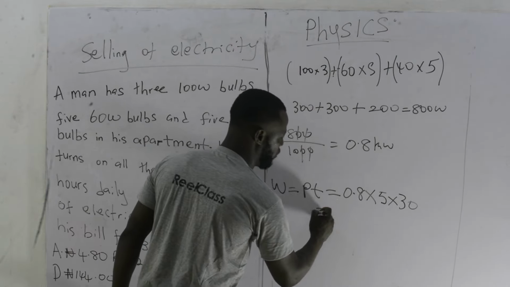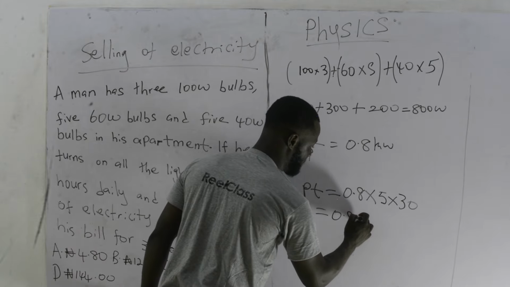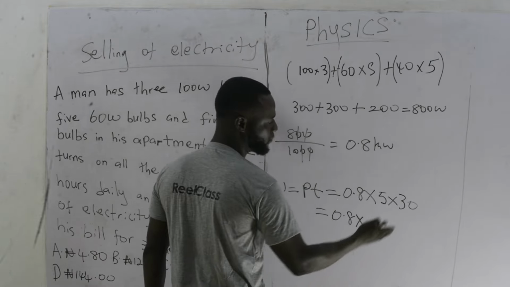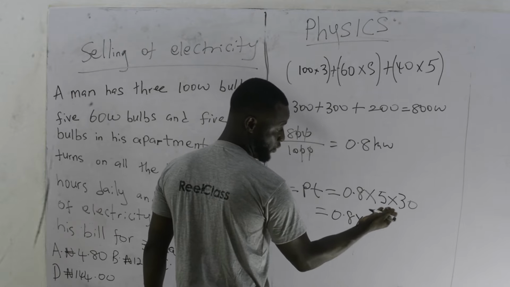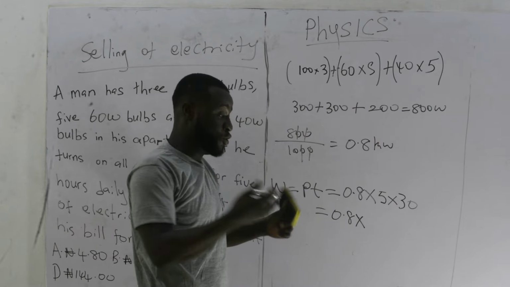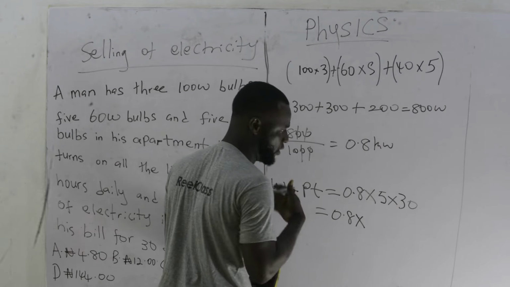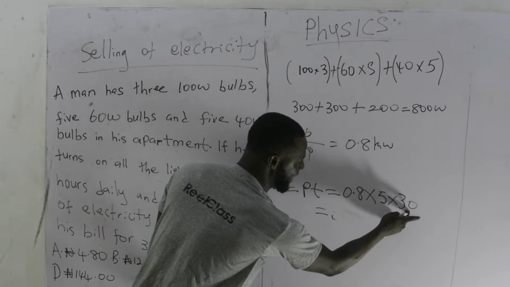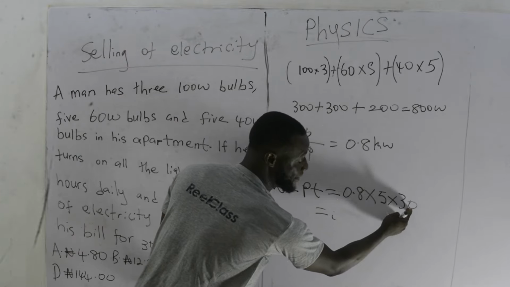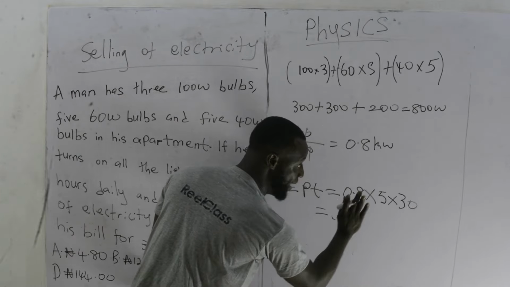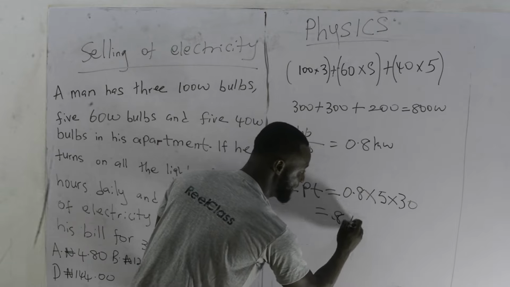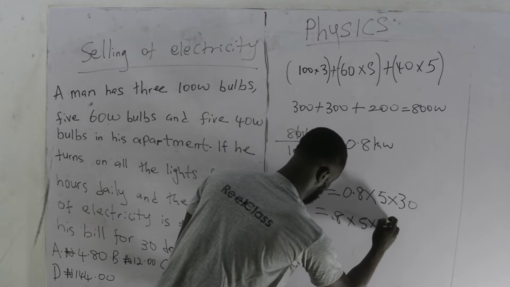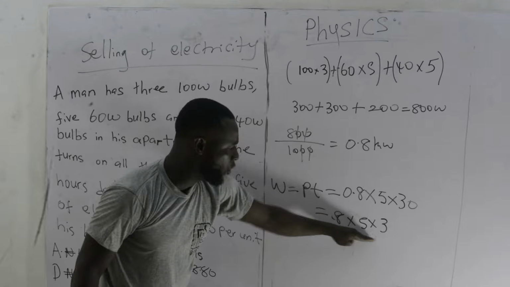If I run this whole thing, this will be 0.8 times 5 times 30. To make this easy, you can just use your calculator and run through this. But to make this easy for me, without a calculator, I can say this 30 is the same as 3 times 10, which will make this whole thing look like 8 times 5 times 3. I can easily run it like this.